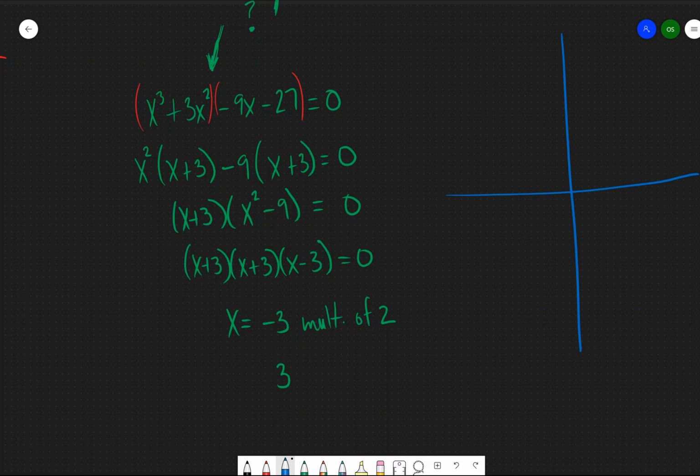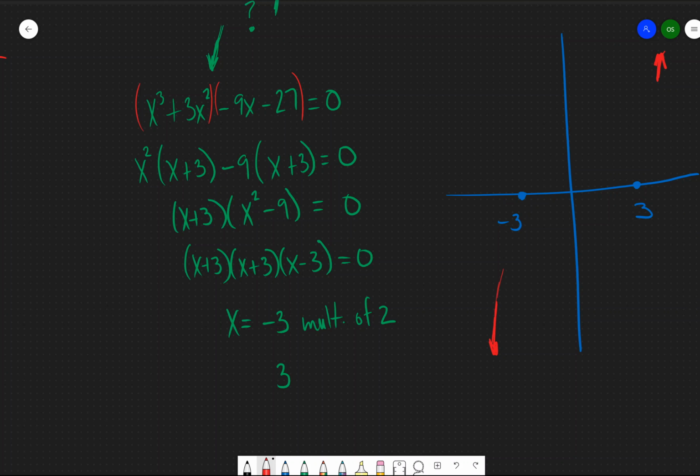So here I'm going to plot my roots. It was just negative 3 and 3. So my graph, we said from the lead coefficient test, I'm going to start down here, end up. Now what happens in the middle? Negative 3 has a multiplicity of 2.